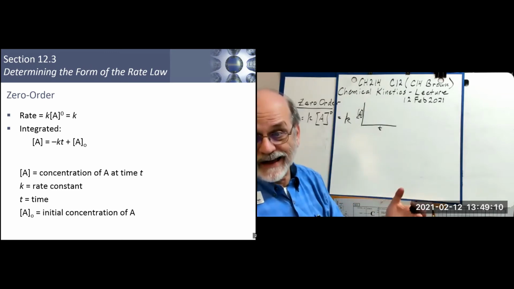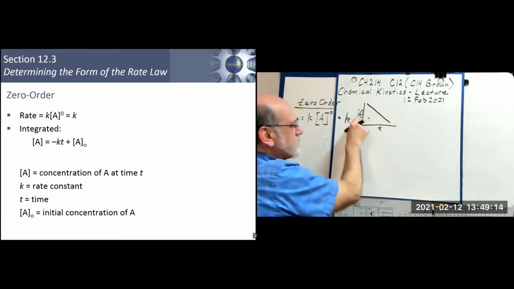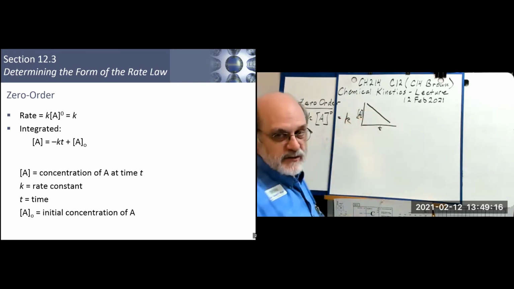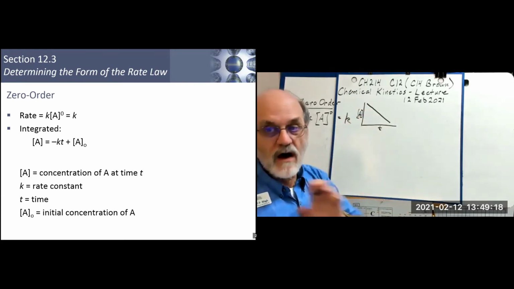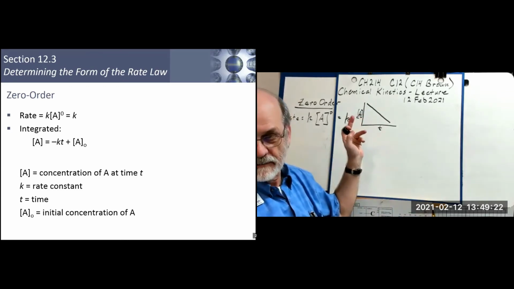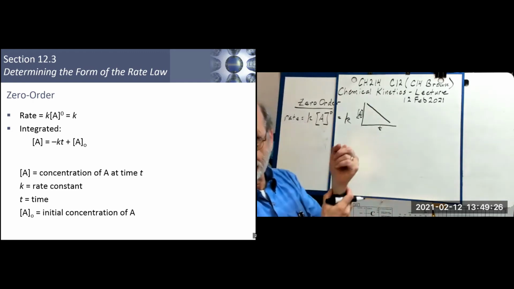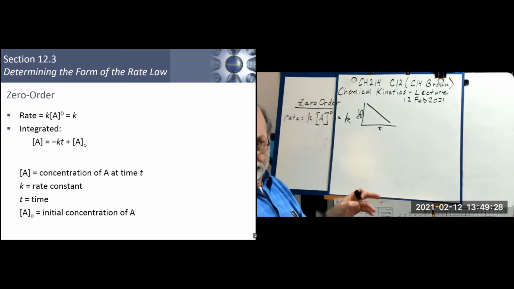It's a straight line. So as A is disappearing, it disappears at a constant rate all the time. It doesn't matter what your starting concentration is. It'll always be a straight slope. That's zero order.